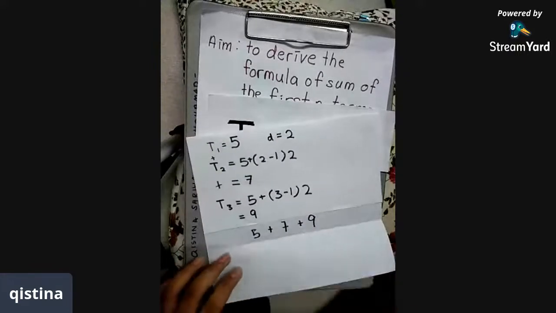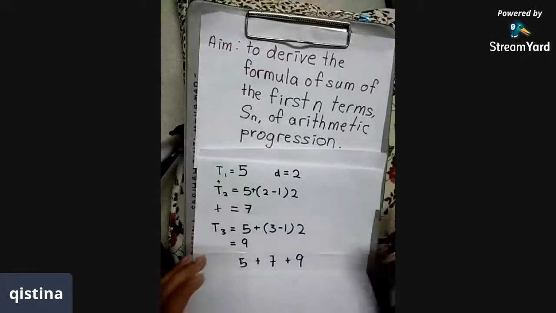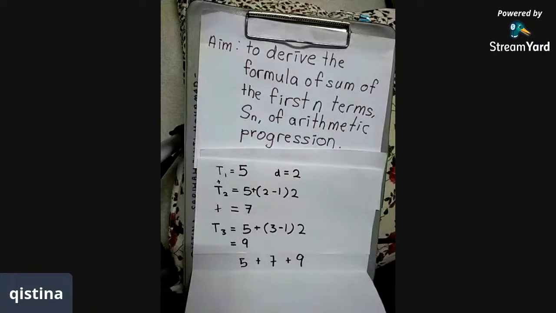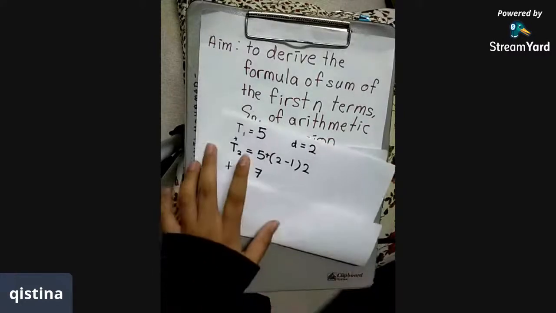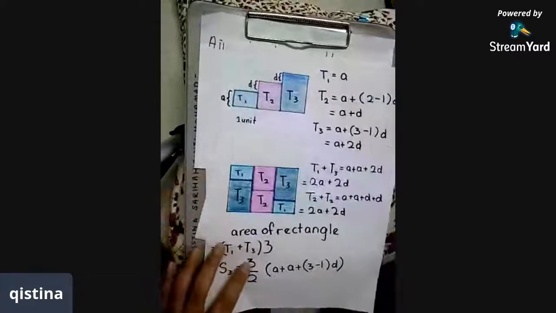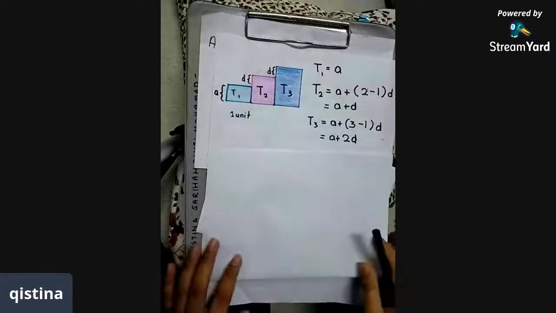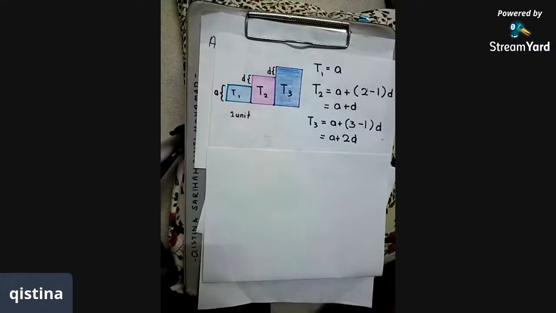So this is the point of sum of the first n terms. Now I would like to continue with the inquiry on page 133. I will start from diagram 3.